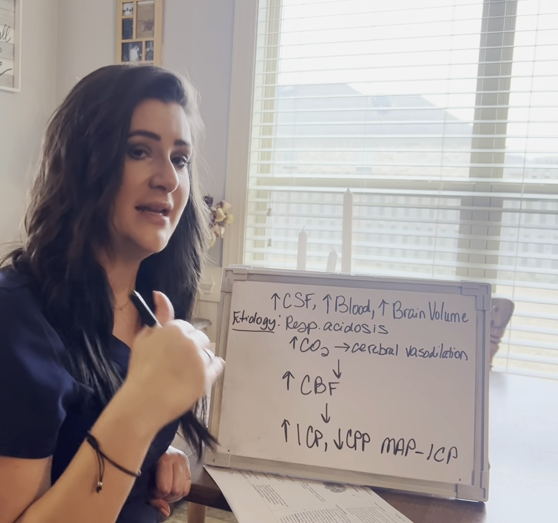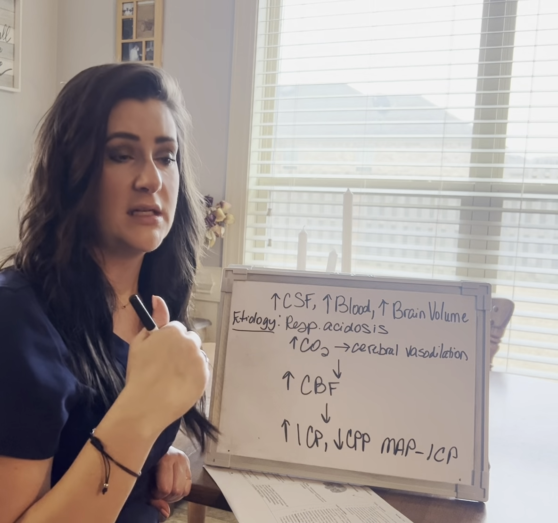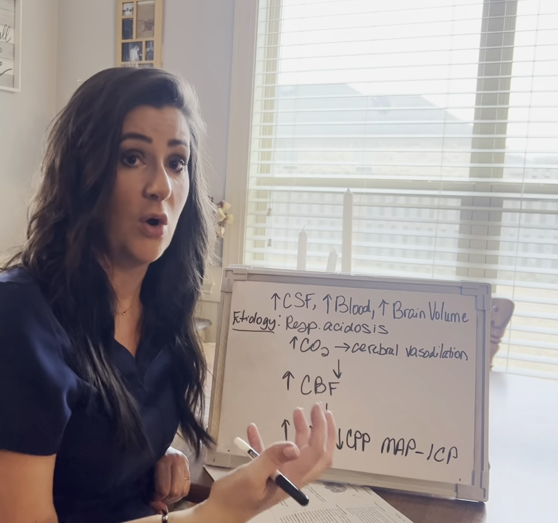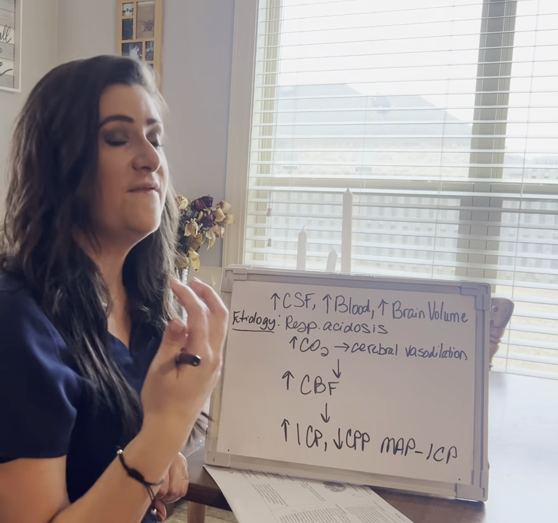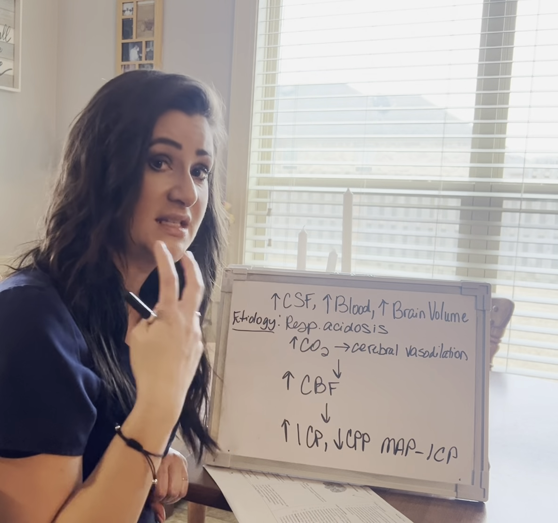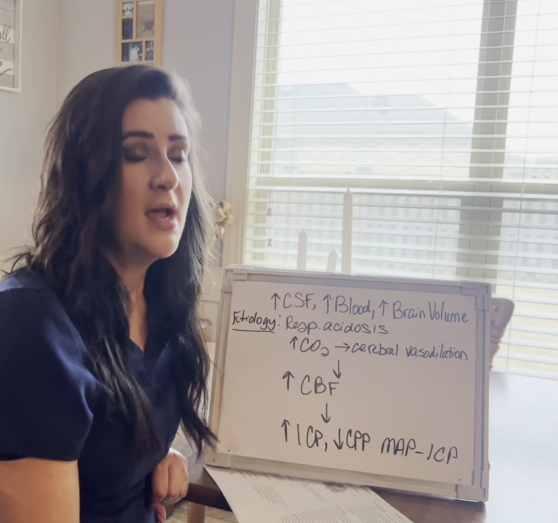And like I said, that is ominous. And most often that lets us know that, hey, we've already got brain herniation that's occurring in this patient. So it's very ominous. Also, when you start to see fixed dilated pupils, when both pupils are fixed and dilated, that's an ominous sign of brain herniation.